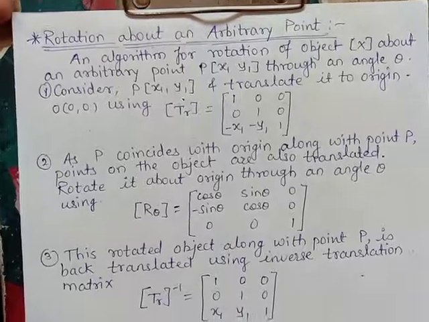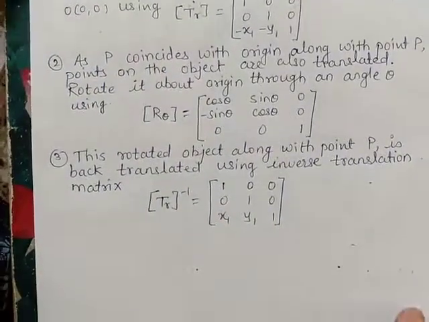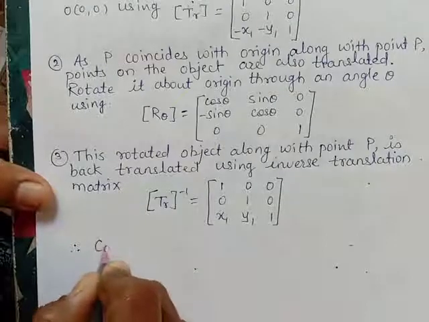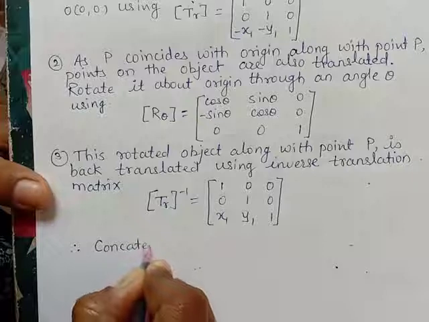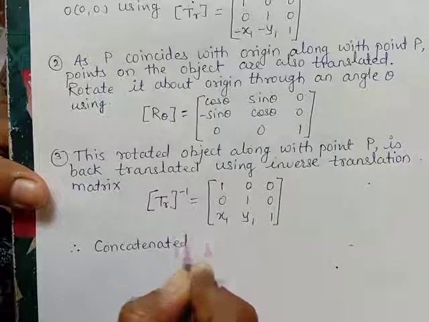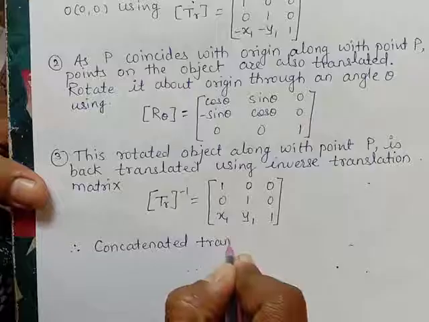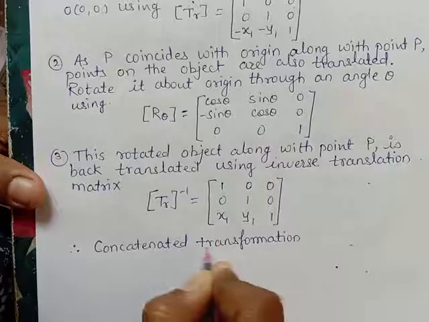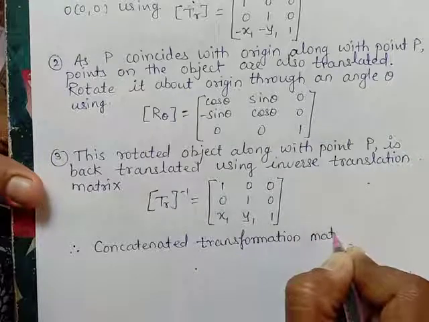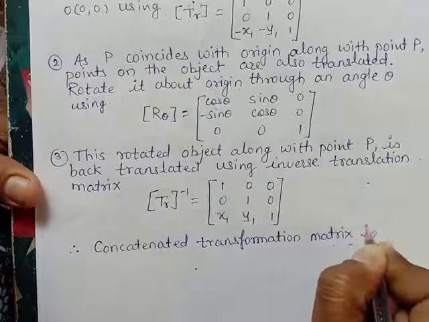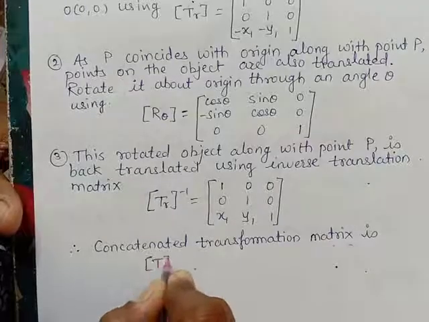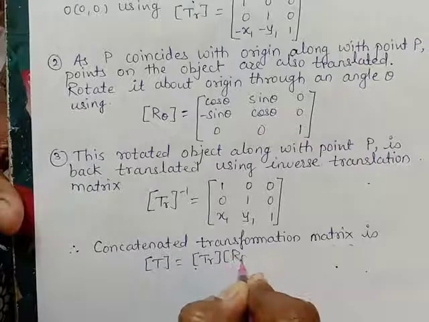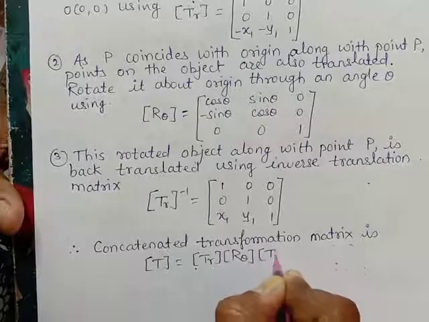Now the multiplication of these three will give us the concatenated transformation matrix. Therefore the concatenated transformation matrix is T equal to translation into rotation into inverse translation.